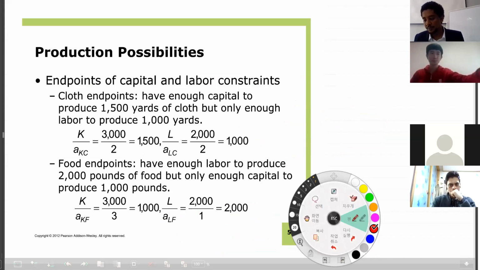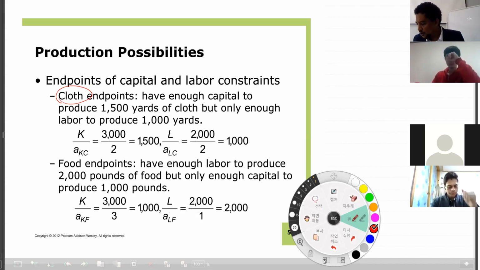So computing from this, we can find endpoints, right? Endpoints for both clothes and food. How can we compute endpoints? When computing for the endpoint of clothes, we take quantity of food as 0 and we compute how much clothes we can produce, right? At the same time, when we compute for the endpoint of food, we take quantity of clothes as 0 so that we can find how much maximum food we can produce.